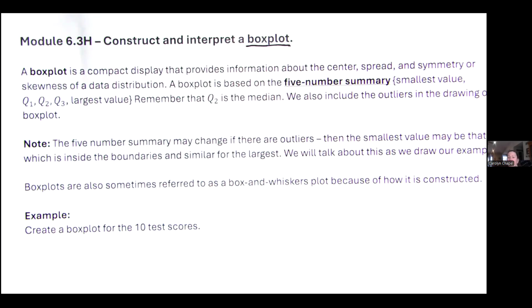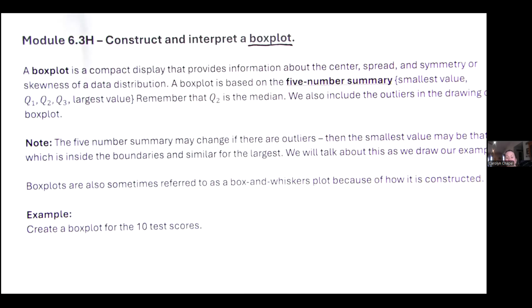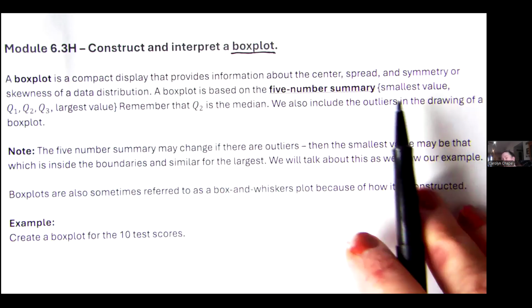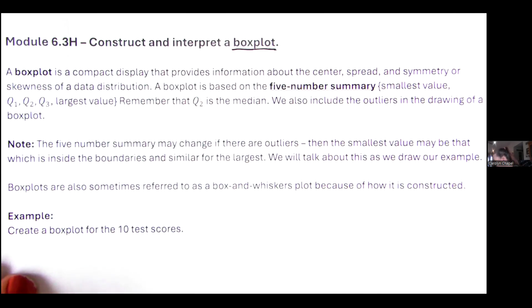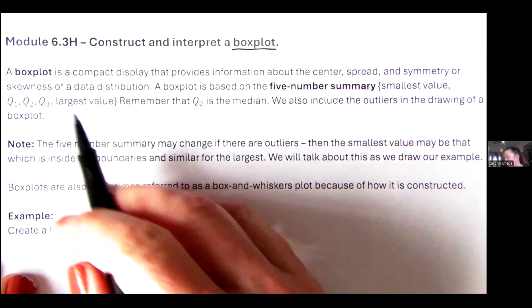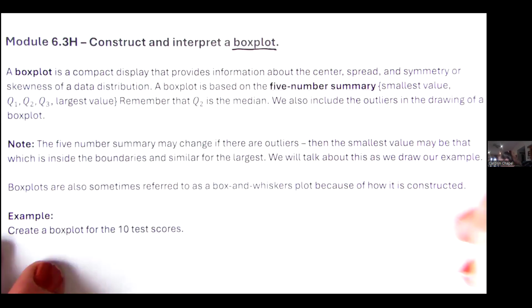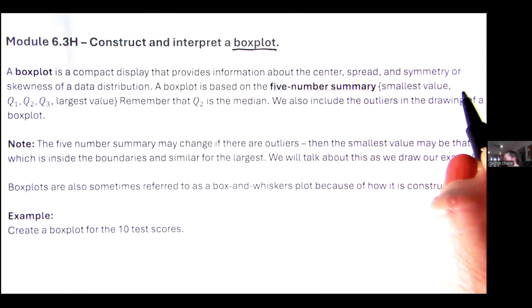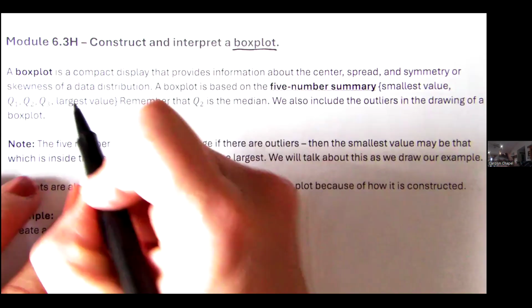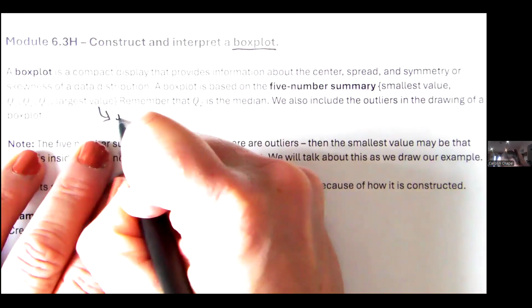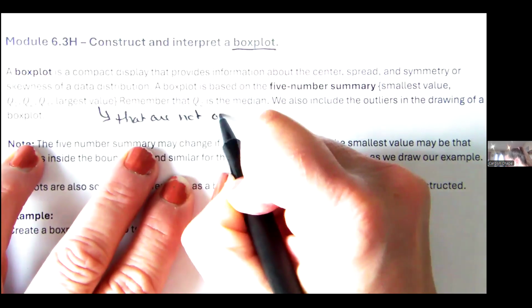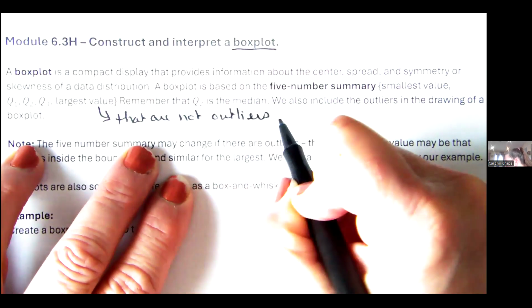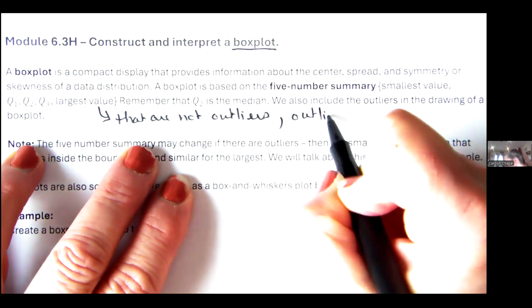They basically will use this 5-number summary that we talk about. I think it's a little bit different than that because we sometimes use our smallest value and our largest value, but we also will use the smallest value and largest value that are not outliers. And then we also use any outliers that are in there.